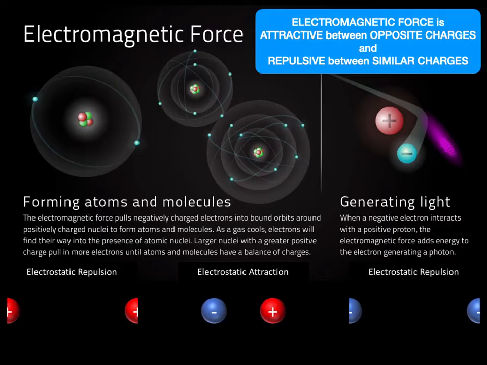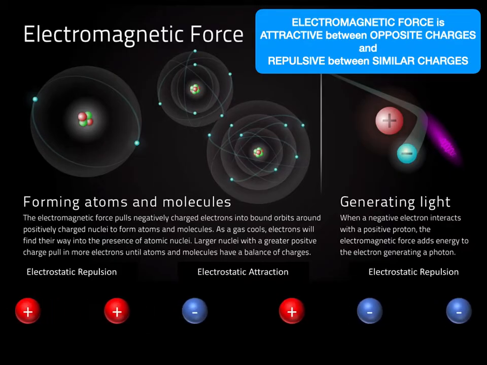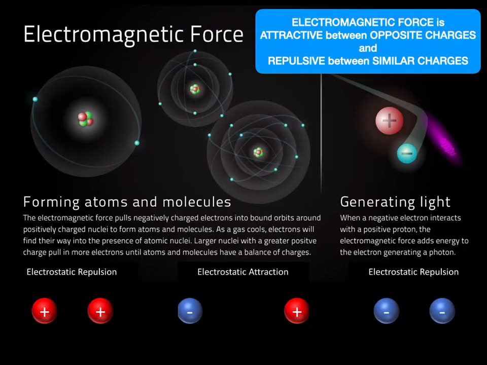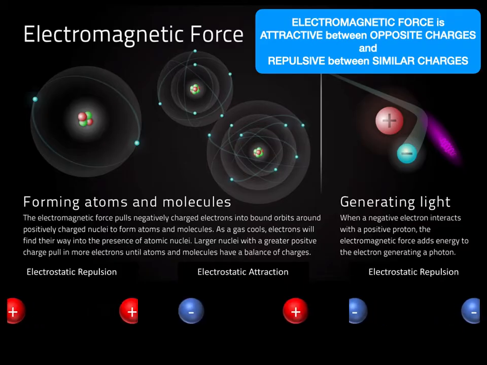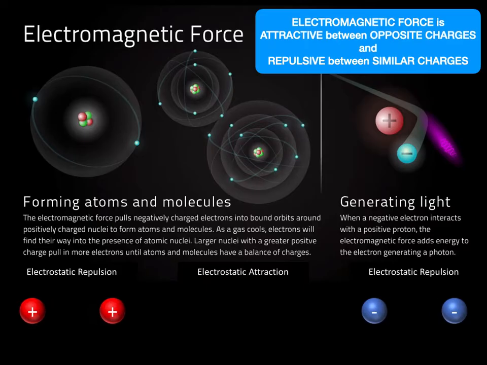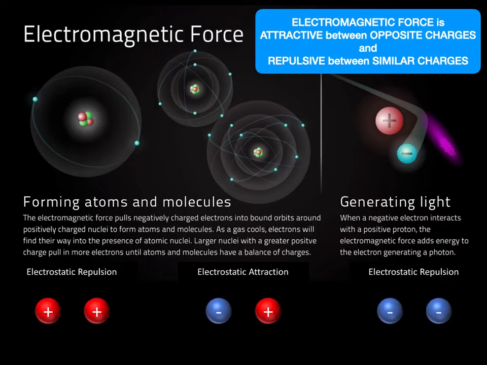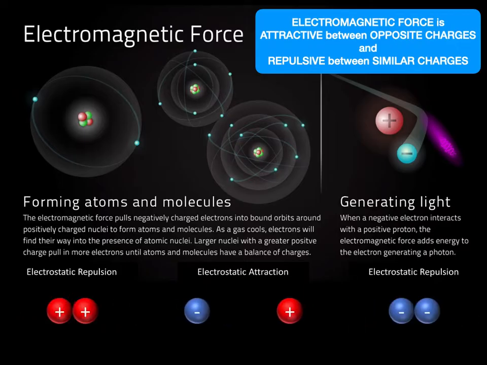The electromagnetic force is expressed through bodies or particles that exhibit charge. The two particles that we will be obsessed with in chemistry are protons and electrons. Protons have a positive charge, while electrons have a negative charge.